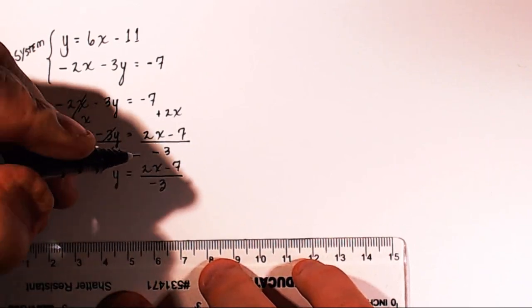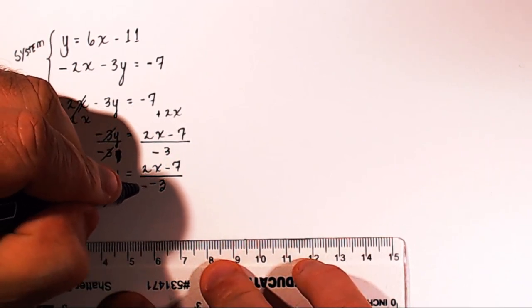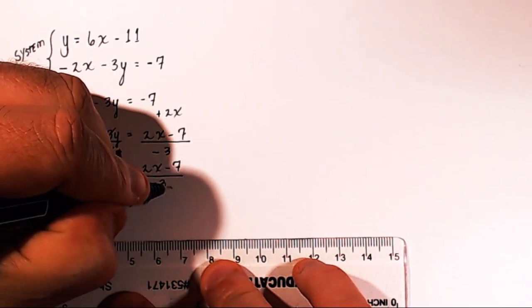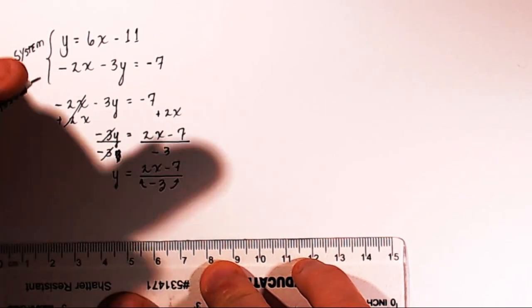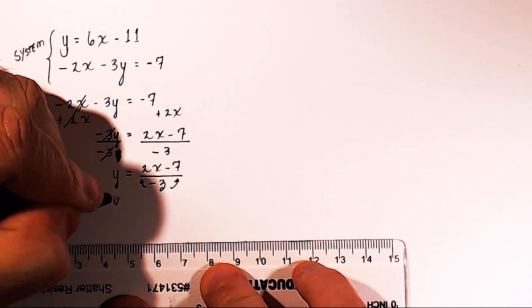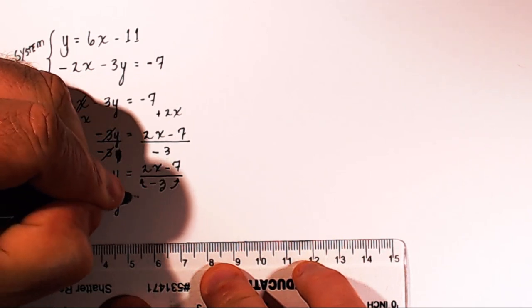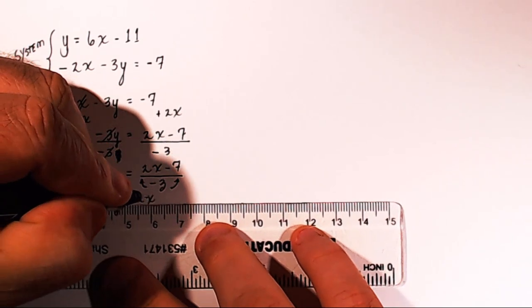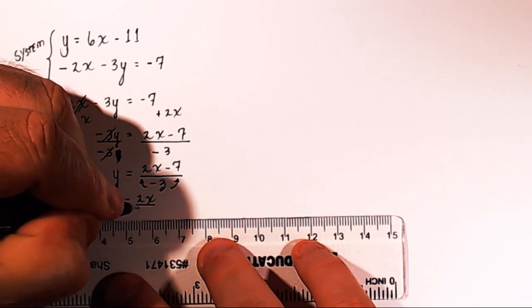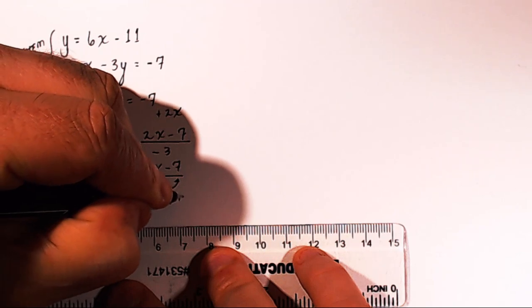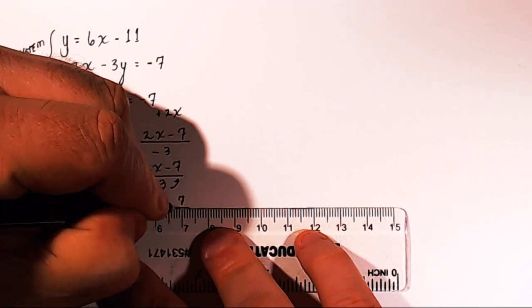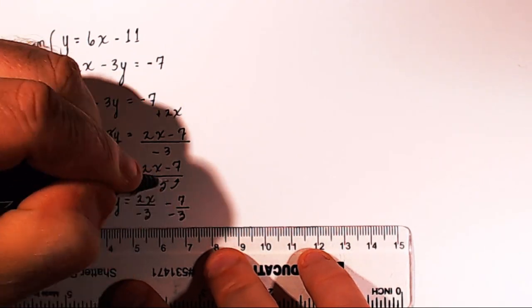Okay, so we're almost there. We just have to remember that this common denominator can be split up among the terms in the numerator, like this. y equals 2x over negative 3, and then we have minus 7 over negative 3.